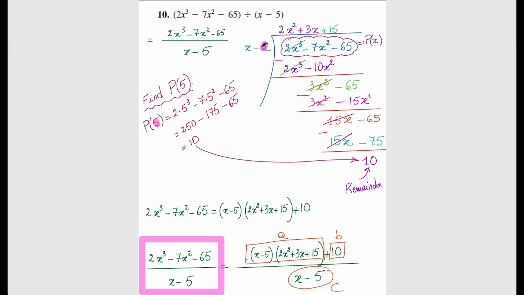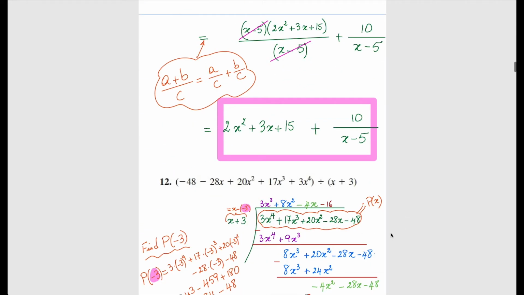The c was 5, which means if you're only interested in the remainder, not in the quotient, simply evaluate p at that number c. This matches the theorem we just discussed.